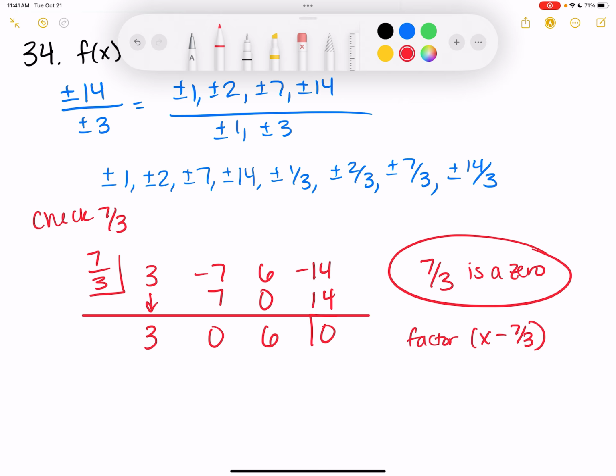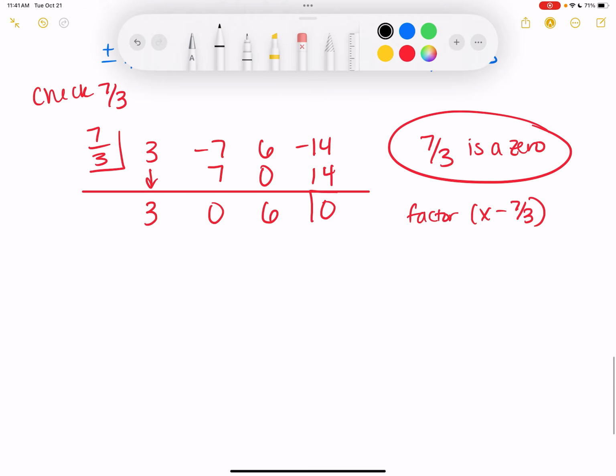All right, let's do one more of these ones. 36. F of x is equal to 6x to the 4th minus x cubed minus 6x squared minus x minus 12.